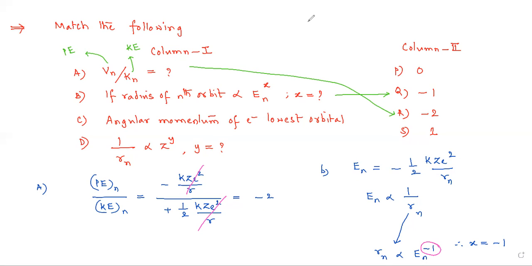Now coming to angular momentum of electron in the lowest orbital. We'll take this in the next page. Coming to C. Angular momentum of electron in the lowest orbital.